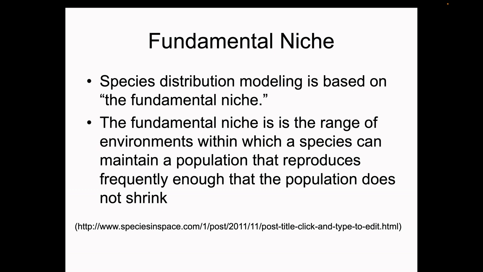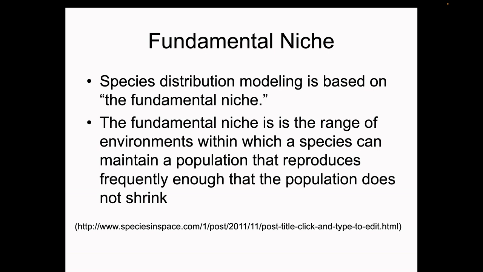The ants cannot live happily and reproduce and survive in that environment where there's not enough food. On the other hand, an environment where there's a lot of food, that's within the fundamental niche of an ant. And the ants in that environment can thrive, reproduce, grow in population size, or at least stay the same in population size.